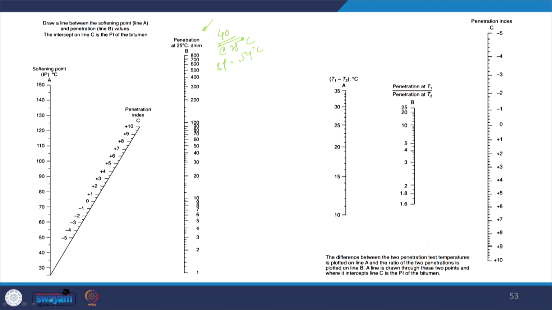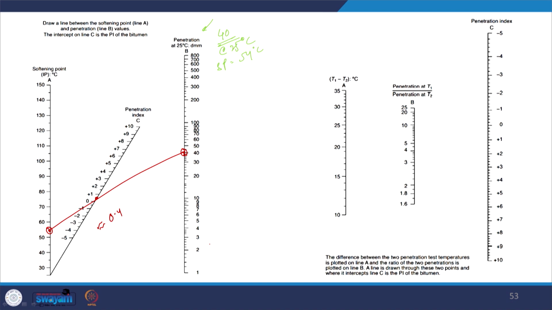So, how do you use the first nomograph? First we will mark the penetration value. So, this is 40, the softening point is 54 somewhere here, and now we just have to join these 2 points. You can see that if you join these 2 points, the penetration index value, I am not sure if it is a very straight line, but the penetration index value is a little higher than 0, maybe 0.4.